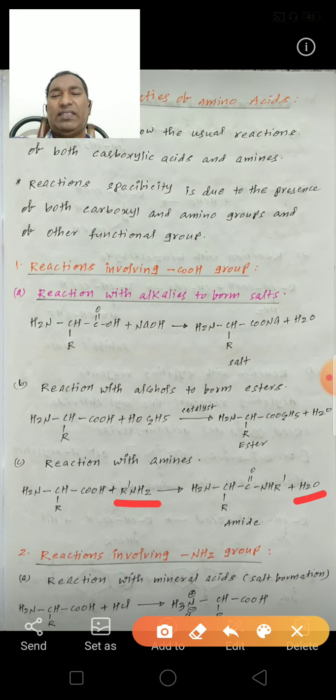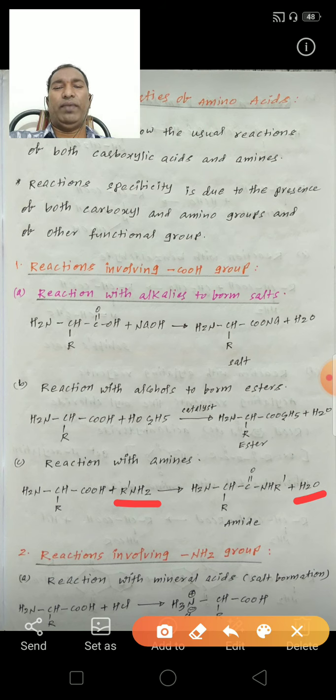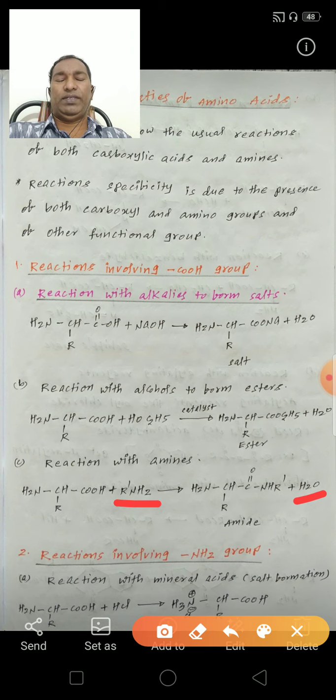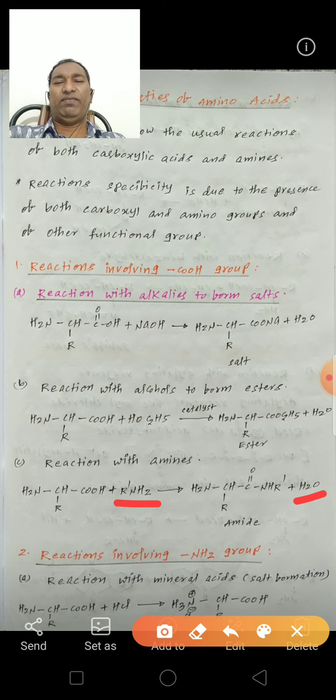In this reaction also, only the COOH group is involved. So in all these reactions, only the COOH group of amino acids is involved.